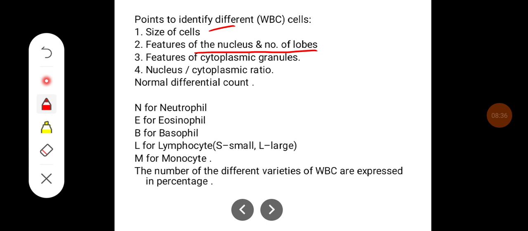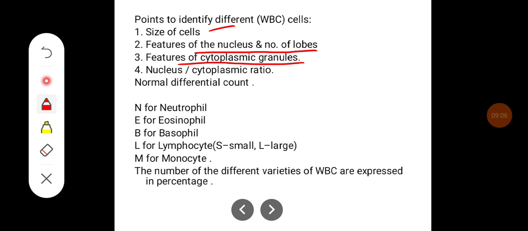Okay. So then, features of cytoplasmic granules. Neutrophils have granules which are fine, and they're both acidophilic and basophilic granules, whereas eosinophils, their granules are very coarse and they are basically eosinophilic granules, and the basophil granules are also very coarse, and they are basophilic granules.